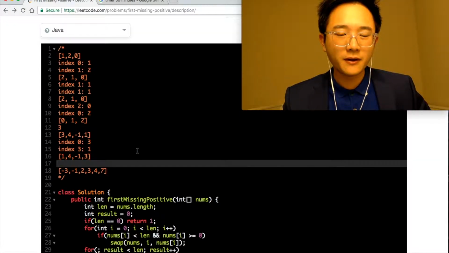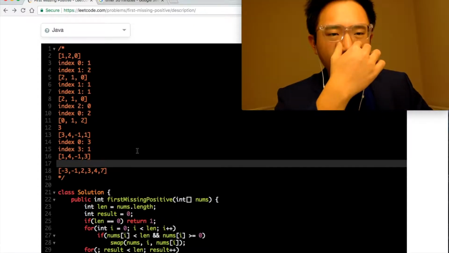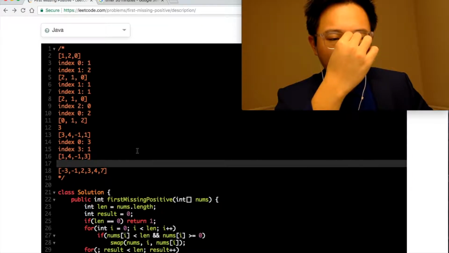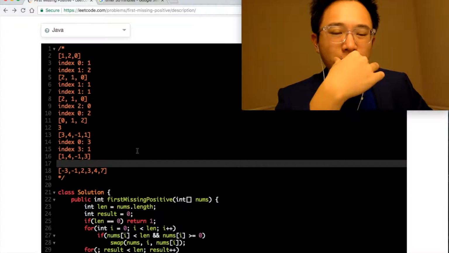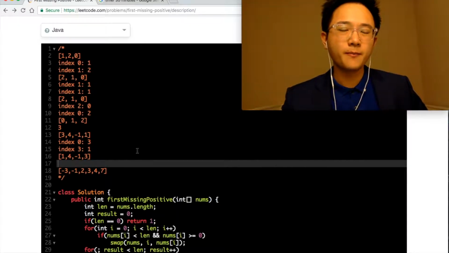Okay, so if index is 0, we don't care about it, right? 1, 2, 0.